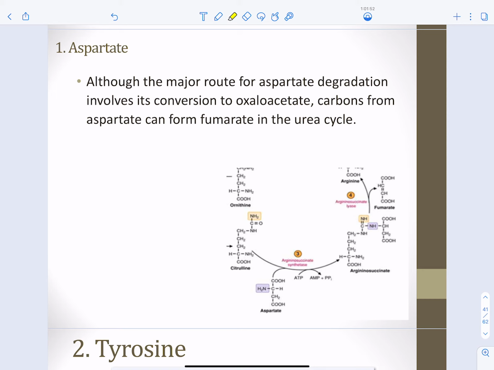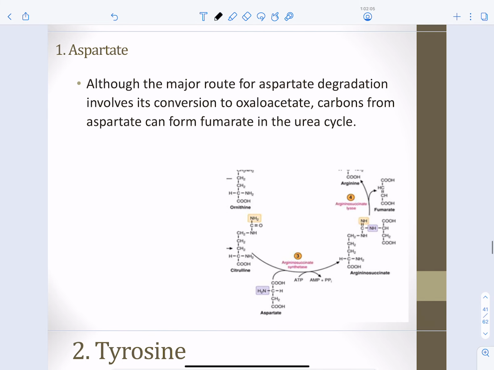So this is going to be in the cytosol. Oh, I should put minor route, because transamination to oxaloacetate can occur in both.